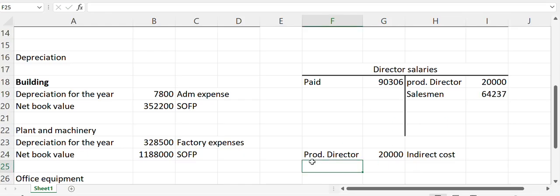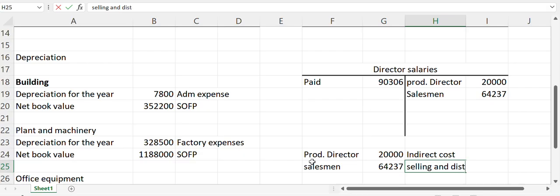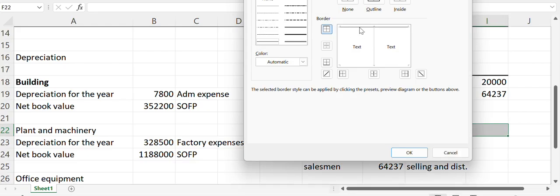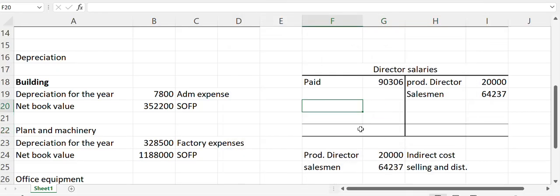So we are going to write here salesman, 64,237, we are going to record that under selling and distribution, so that now here we can get the figure that we are going to record in the admin. So this is our total.